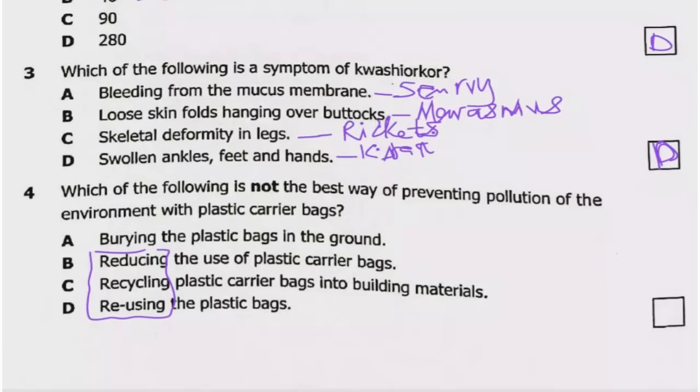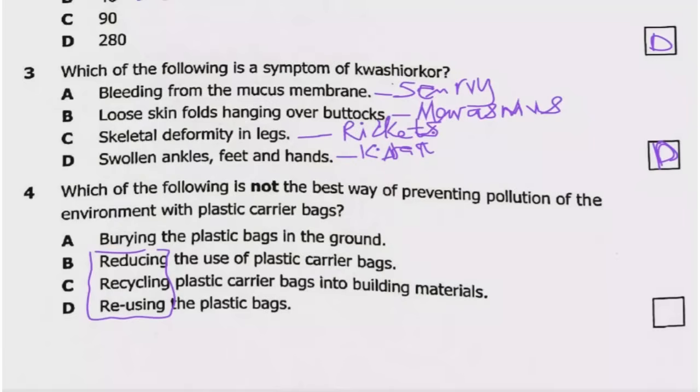Then you reuse the plastic bags. We buy a plastic bag, the one we carried today, we carry it tomorrow, or we use it for other purposes. This is the best way of preventing pollution of the environment with plastic bags.